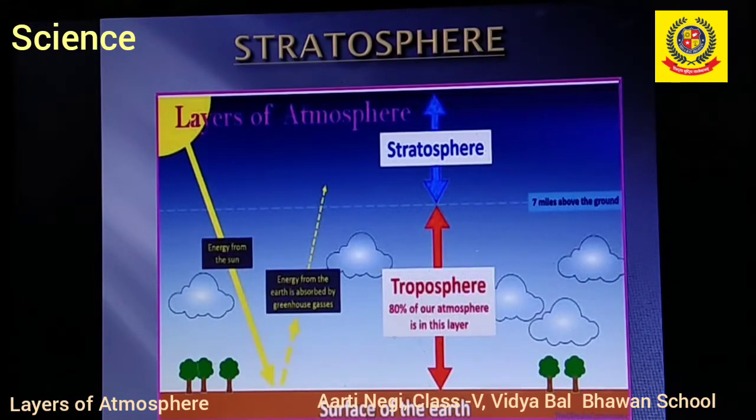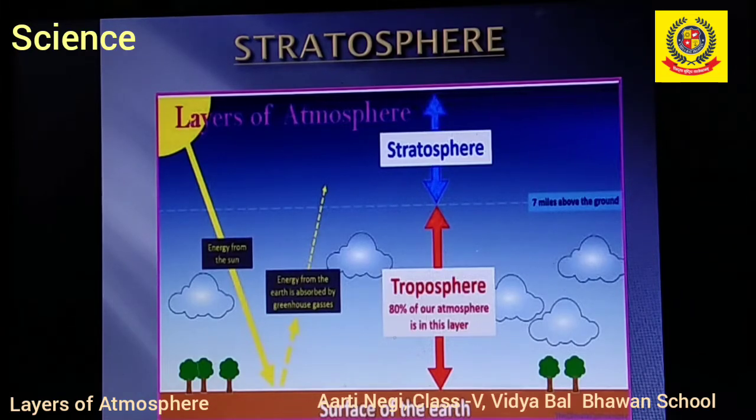Because of the presence of the ozone layer in our atmosphere, we are living carefree on this planet, because the harmful UV rays coming from the sun get absorbed by this ozone layer, and we remain unaffected by these harmful UV rays.